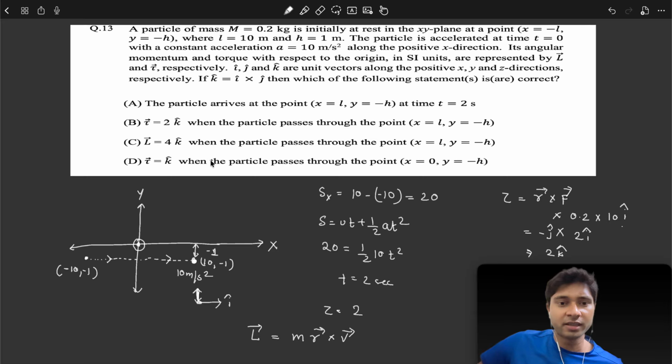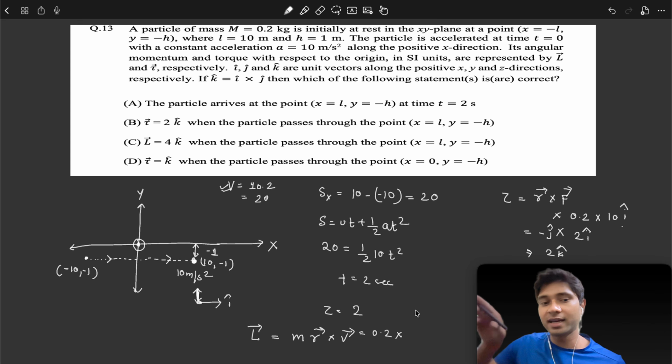What will be the velocity? Velocity will be v equal to u plus at. The acceleration is 10 meter per second square and time was 2, and initial velocity was 0, so velocity will be 20. Mass is 0.2. Velocity is in the same direction as the force, that is i cap.